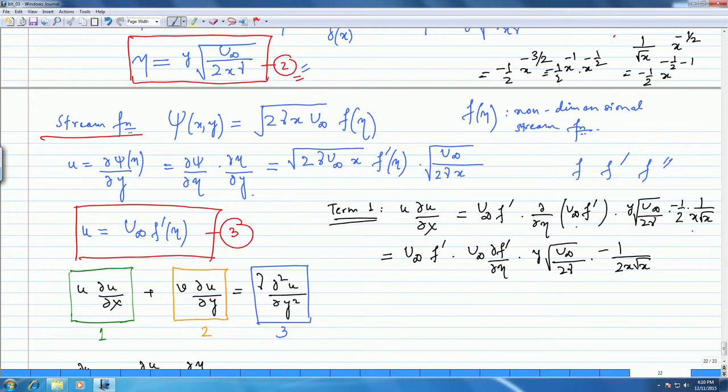I wrote it like this because it is just easier. So, minus half 1 by x and this.